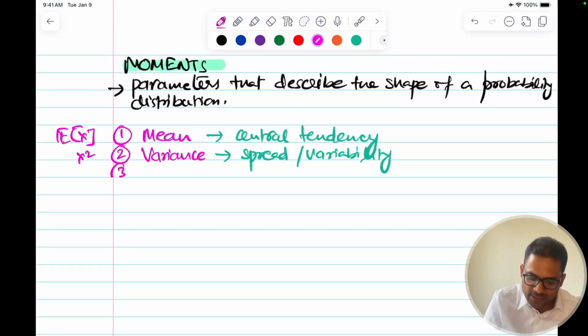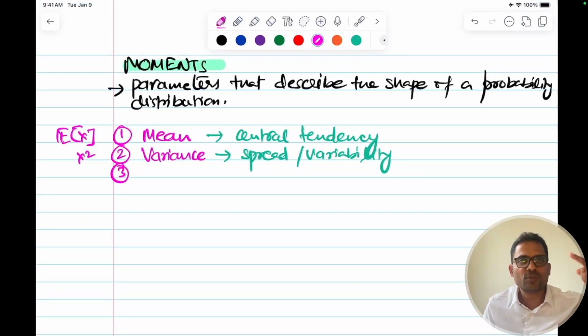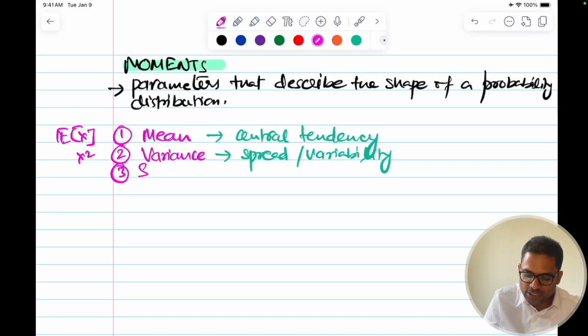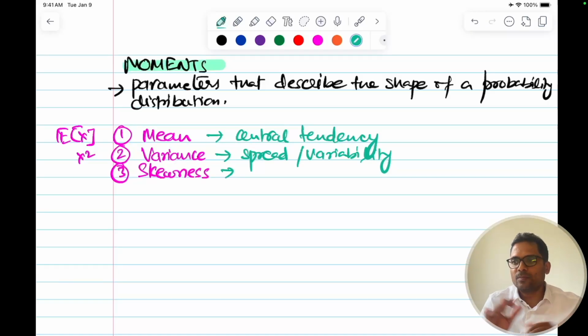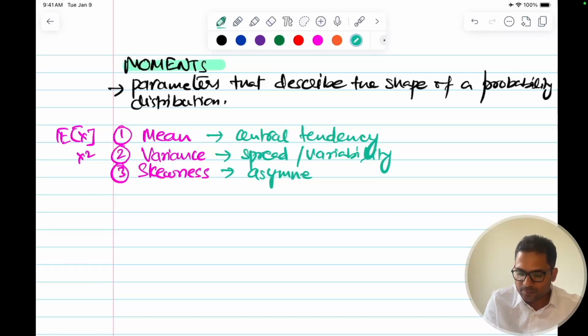The third one, so similarly, if you keep increasing the power, 1 was mean, power 2 was variance, power 3 is called, that has got a name called skewness. Okay, this measures the symmetric or asymmetric, how asymmetric the probability distribution is.